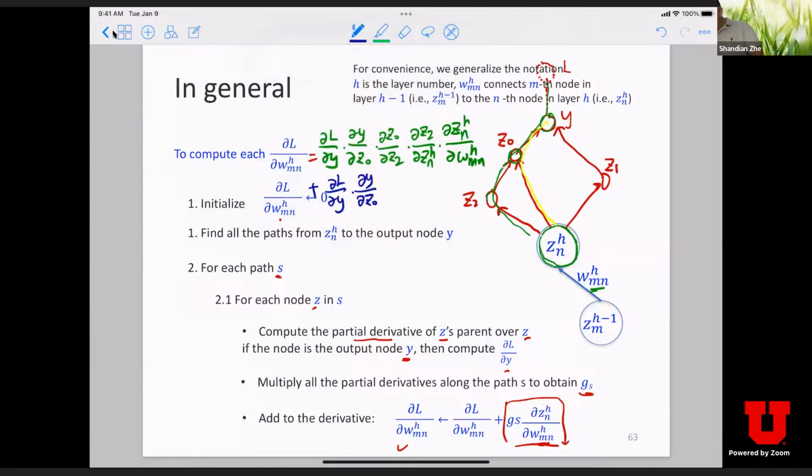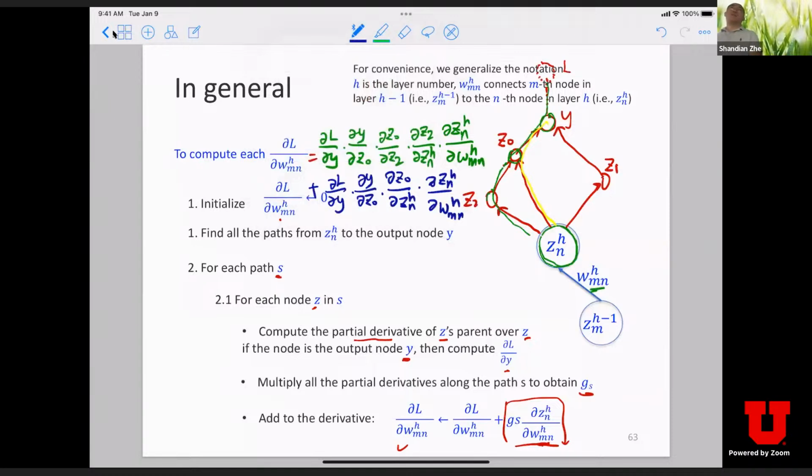So I'm going to compute partial Y over partial Z0. And then from Z0, we'll go back to ZNH. Remember, stick to the yellow pass. So then we compute partial Z0 over partial ZNH. And then finally, we'll multiply partial ZNH over partial WNH. So we finish computation for the second pass.